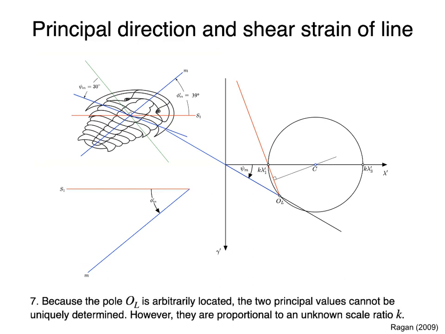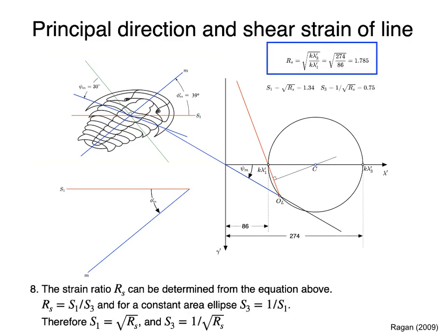Because the pole OL is arbitrarily located, the two principal values, lambda prime 1 and lambda prime 3, cannot be uniquely determined. However, they are proportional to an unknown scale ratio K. The strain ratio Rs is the ratio between S1 and S3. It can be determined from this equation. It is 1.785.